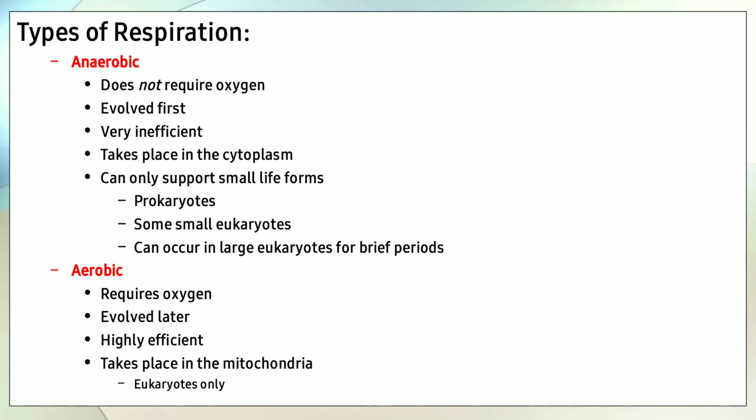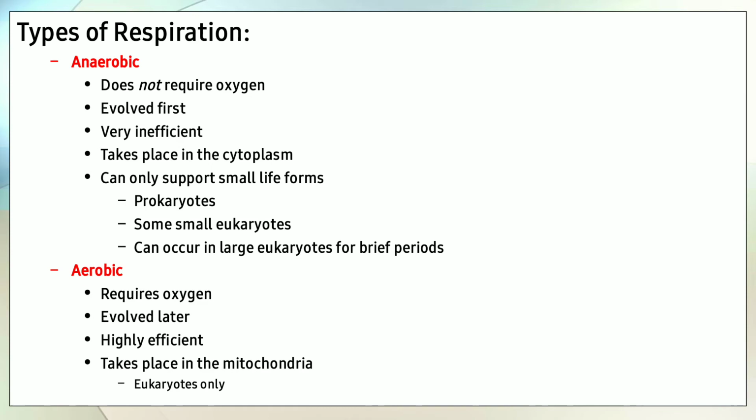The second type of respiration is aerobic respiration. It requires oxygen. What is the major difference between anaerobic and aerobic respiration? Anaerobic respiration does not require oxygen, but aerobic respiration requires oxygen for its further process.